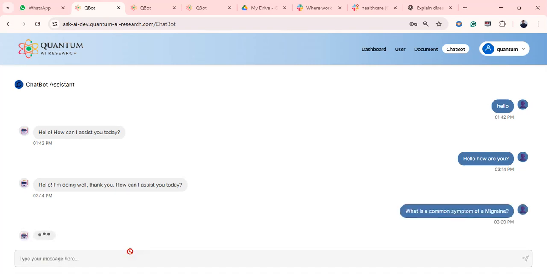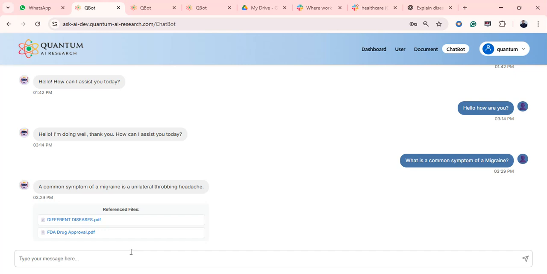First of all, it will take all the information from our document and then generate the answer. The most important thing is that it gives you the answer from the internal side of our document. As you can see here, the reference files are also attached. It indicates from which particular document it is giving you the answer.